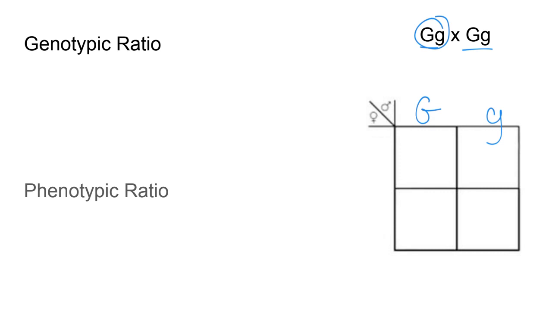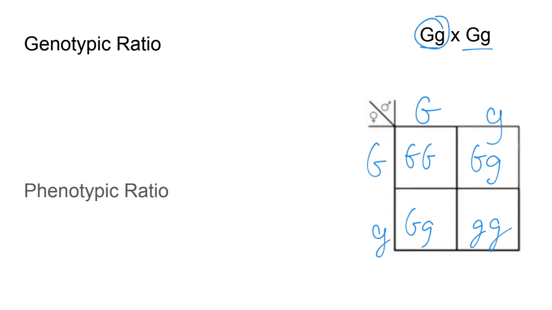Remember, gametes are egg and sperm cells, so they have the haploid number of chromosomes, so they have been reduced in number. So the other one could produce a big G or a little g.